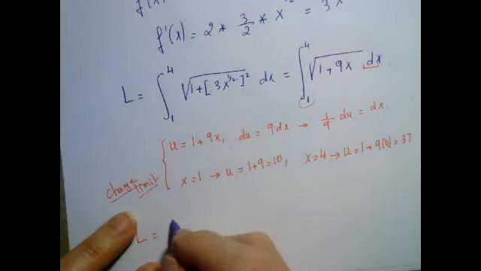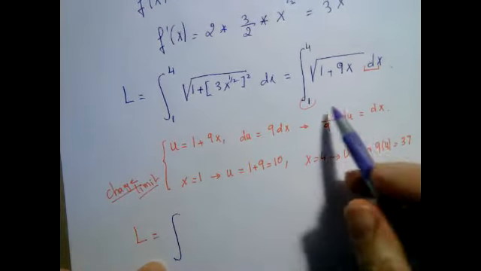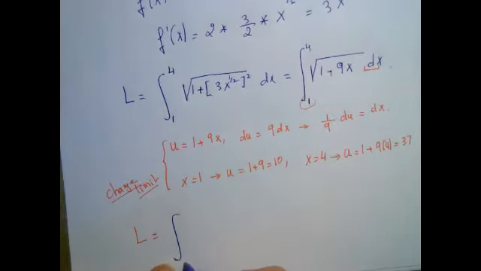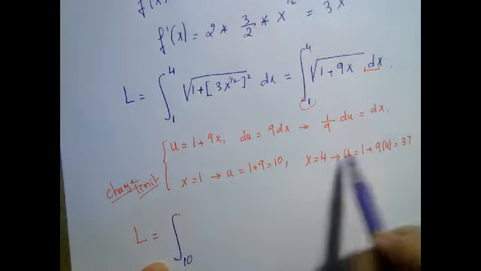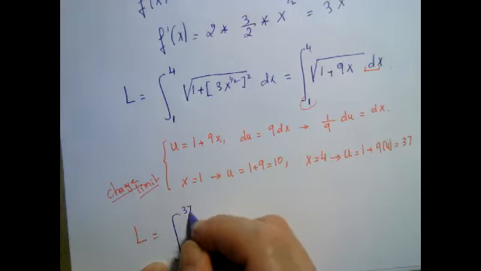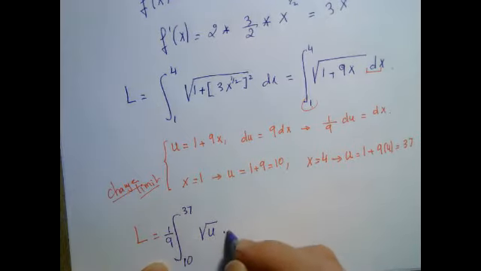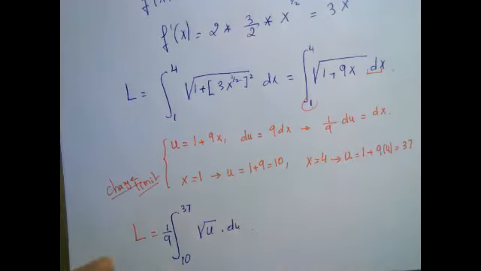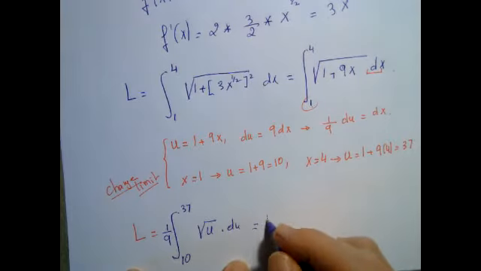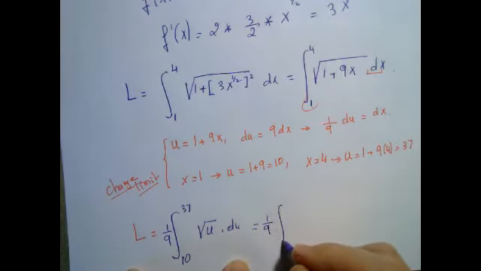Since I changed my limits, my 1 is now 10 and my 4 is now 37, the square root of u, and the dx becomes 1 over 9 du. Because I changed my limits, I forget about x. And now this is a simple definite integral in u.